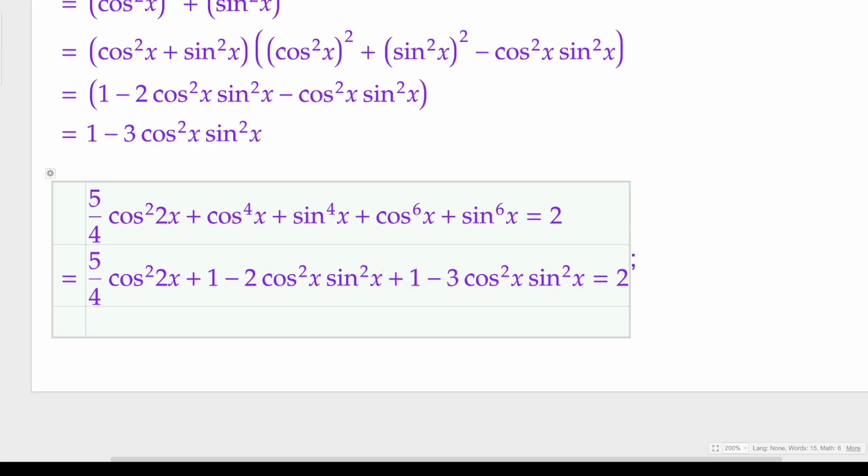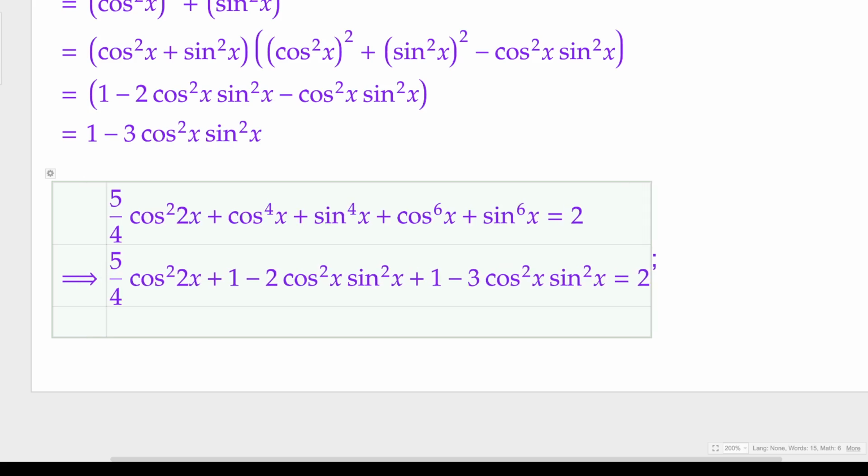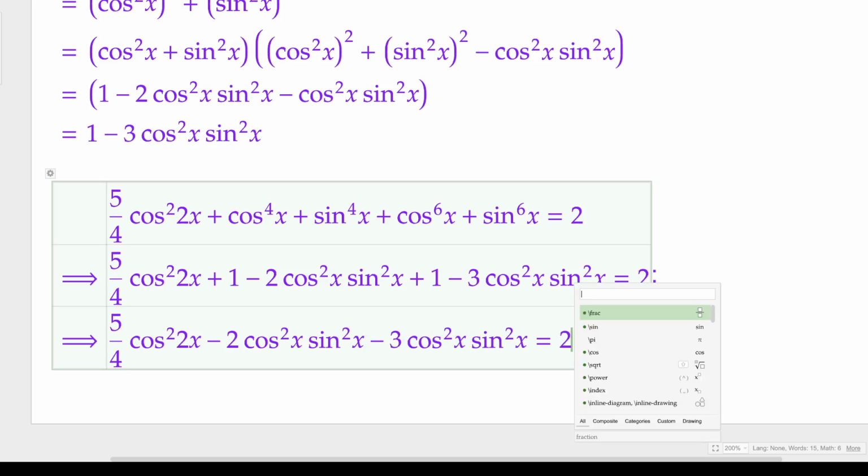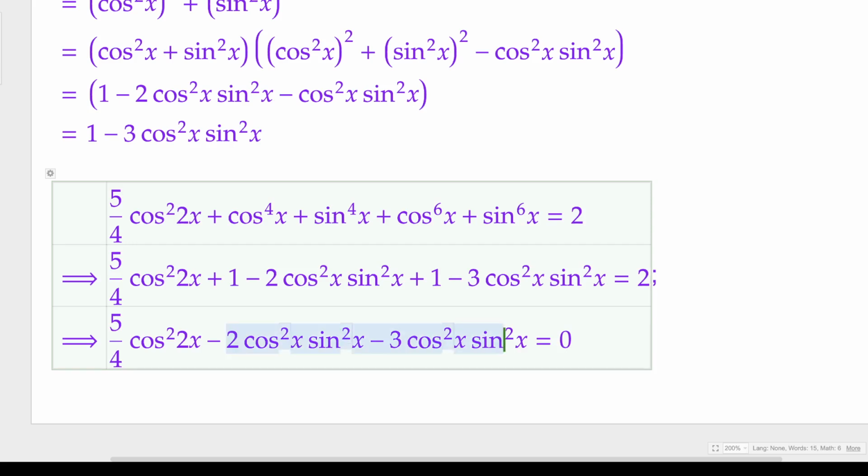So what I can do in this given equation, here definitely the implication sign is mandatory. Now this plus 1 and plus 1 is 2, so on subtracting 2 on both sides I'll be getting this, and this 2 and 3 merges to 5.